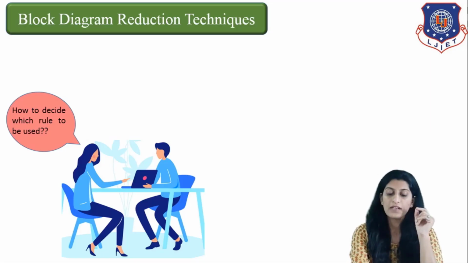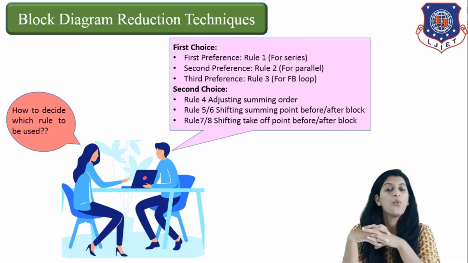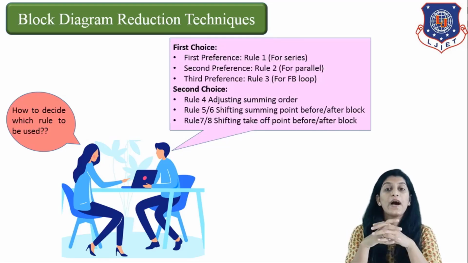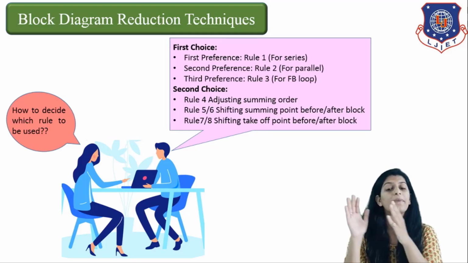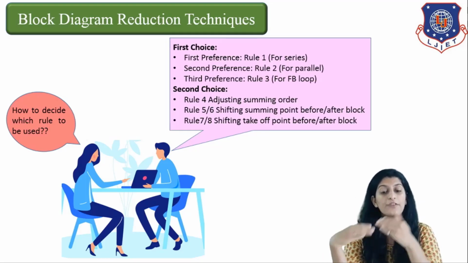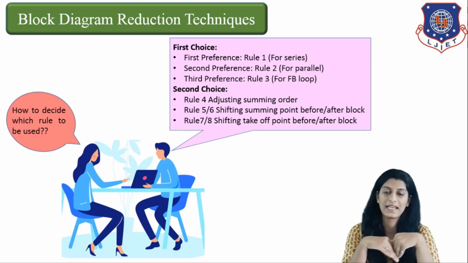So for that we have this method. What we have done here is we have made our preferences. Preferences refers to the choices we have made: what should be our first choice, and if that is not fulfilled, then what should be our second choice.